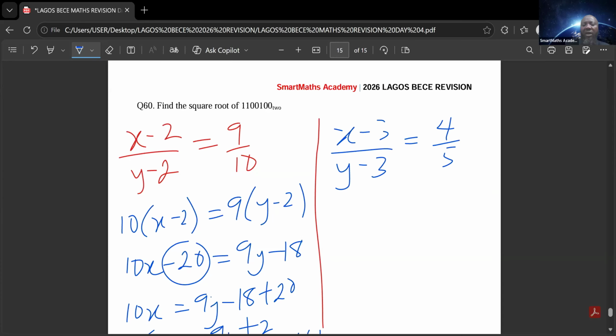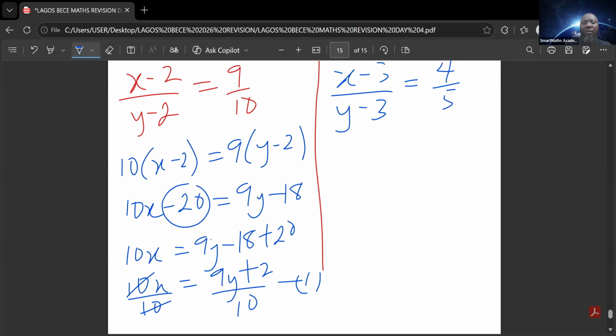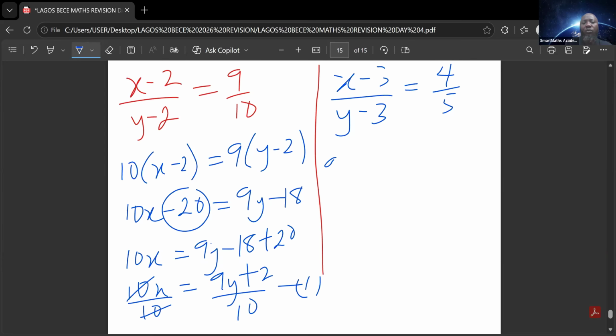So instead of writing x, we write ((9y + 2)/10 − 3) divided by (y − 3) equals 4 over 5.